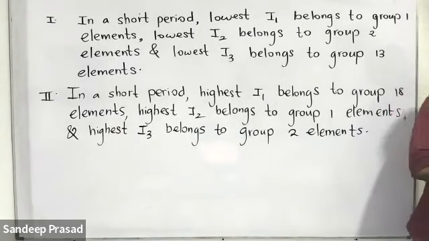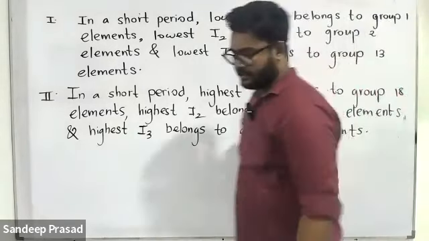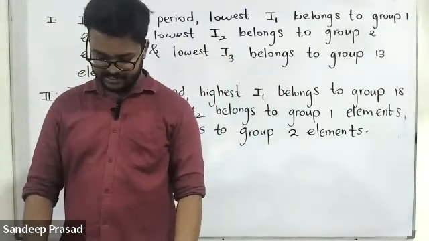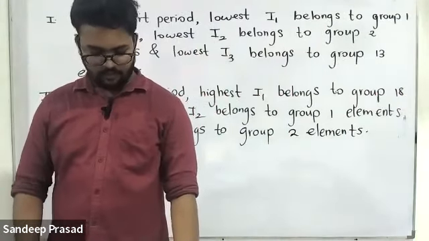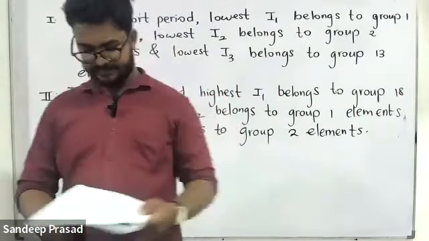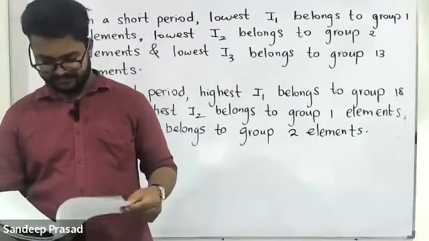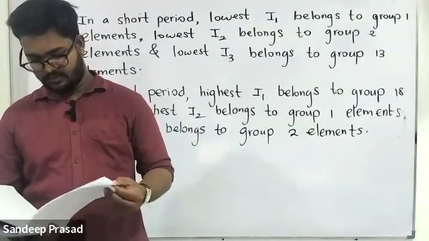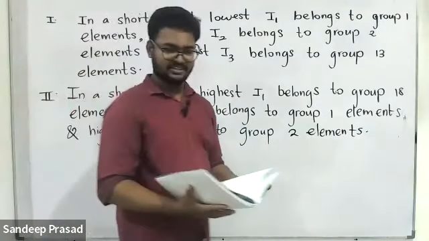No doubts. Then we completed the atomic radius and the ionization energy. Now we have only two topics: electron gain energy and electronegativity. We have only 4 pages to finish the unit.